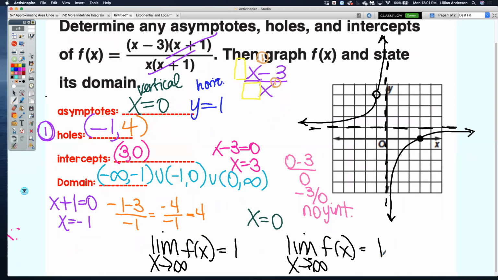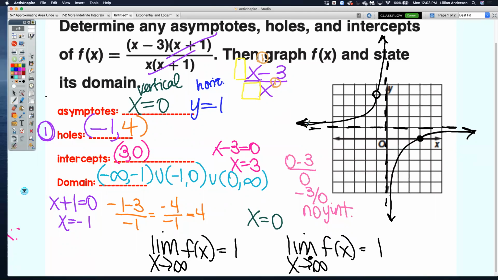It wasn't a trick question. The horizontal asymptote tells you what your end behavior is. So the limit as x approaches infinity, as x is getting bigger and bigger, your y's are getting closer and closer to 1, your horizontal asymptote. Same thing if I'm approaching negative infinity, I'm getting closer to 1 still.